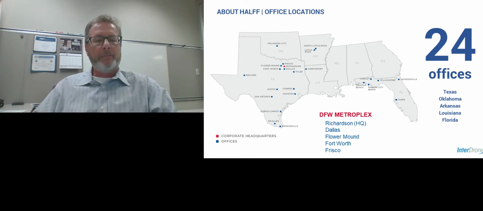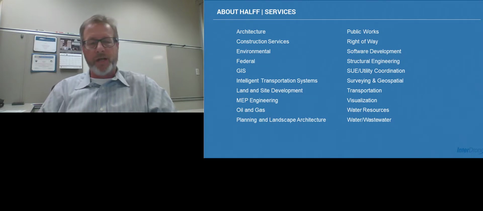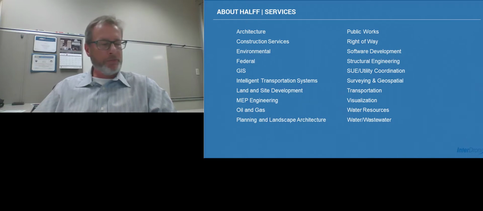We have a number of practices or services that we offer here. We're kind of a full service civil architectural firm. And our geospatial and surveying groups are together. The geospatial group falls under the survey practice here at Halff.